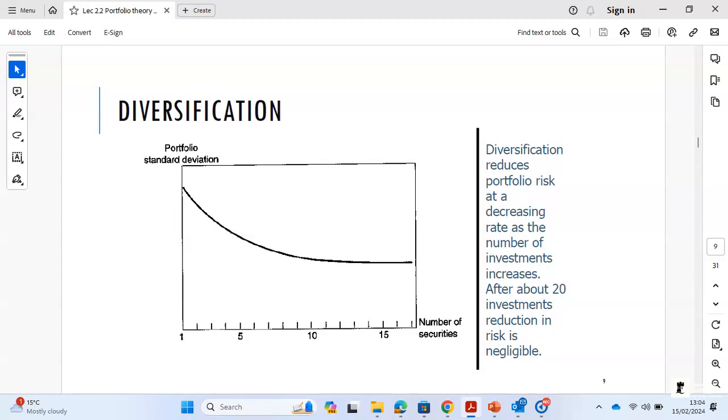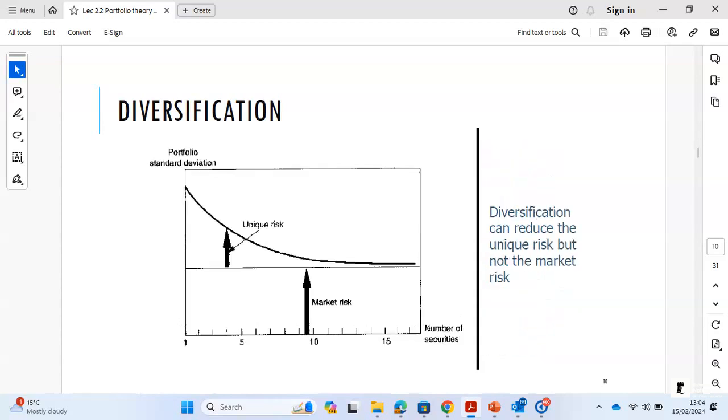So by adding securities to the portfolio, you're only diversifying away the unsystematic risk component, and the market risk component still remains. And this is what you can see here. As you add more securities, you're reducing the risk because you're taking away the unique risk by combining different assets in a portfolio.